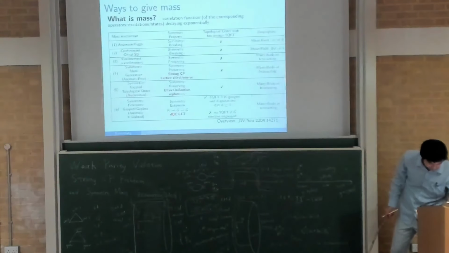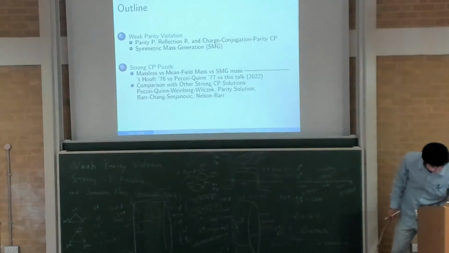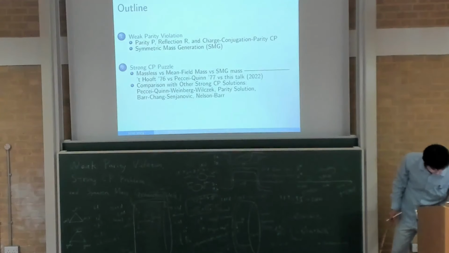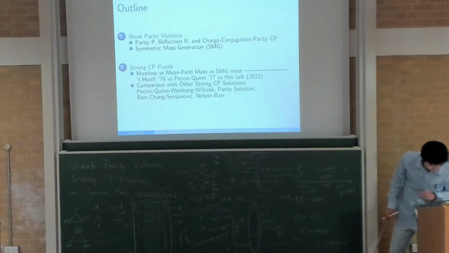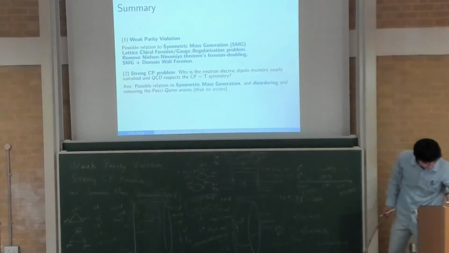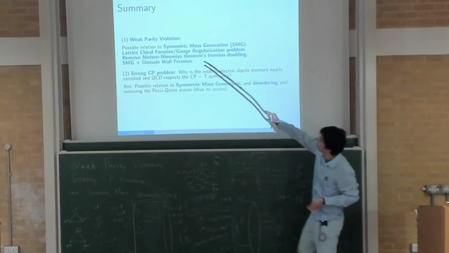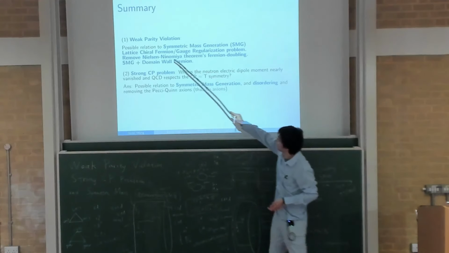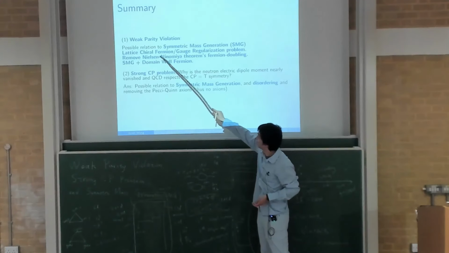Okay, let me conclude. I mentioned weak parity violation, and I try to relate it to symmetric mass generation. And this actually has something to do with regularized chiral fermions on the lattice.